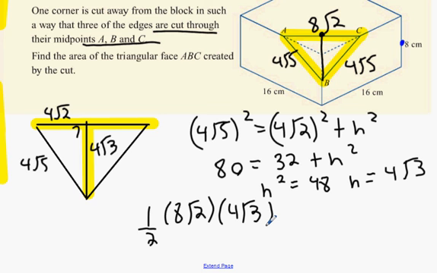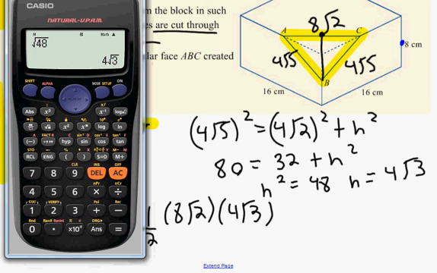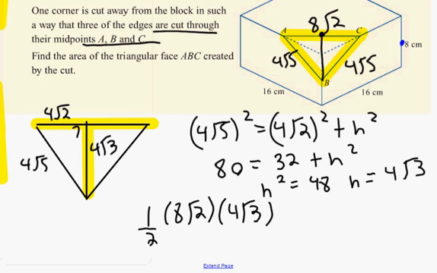I think it's 16 root 6. And what is 16 root 6 in the calculator? 39.19. Who did it that way? That would only work because of what reason? Isosceles or equilateral. That would not work for a regular triangle. Is that right, Rory? Right.